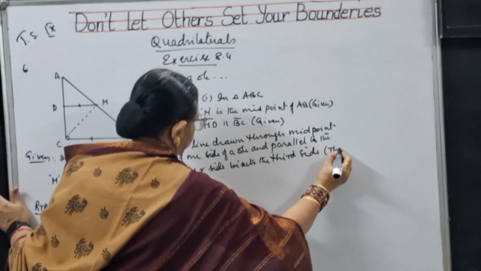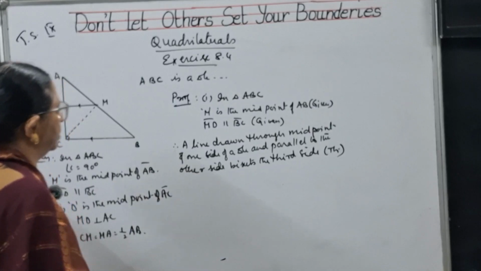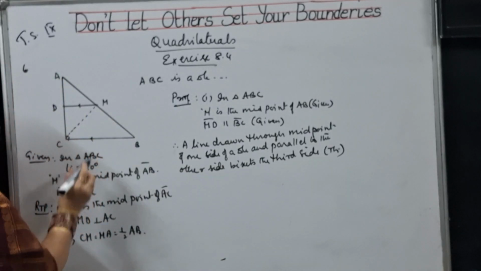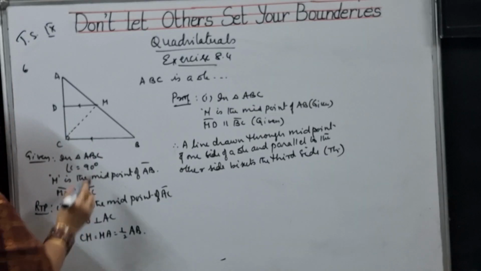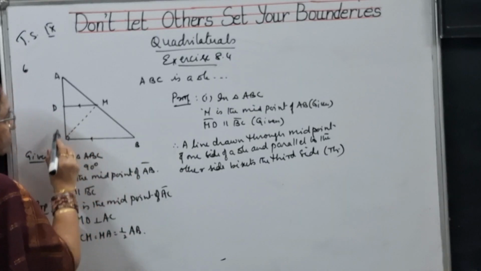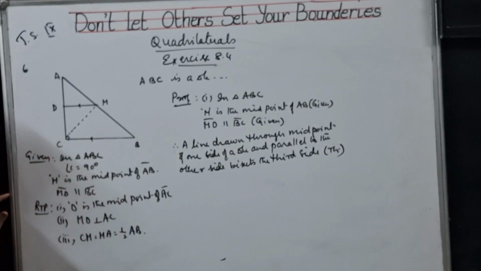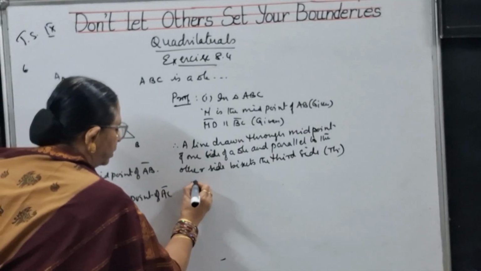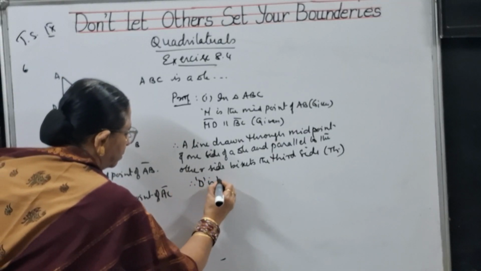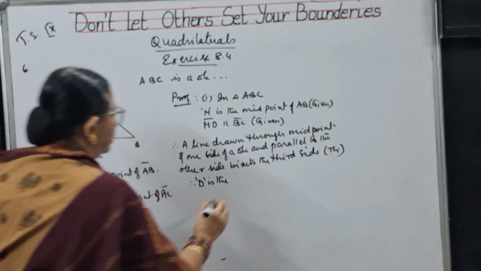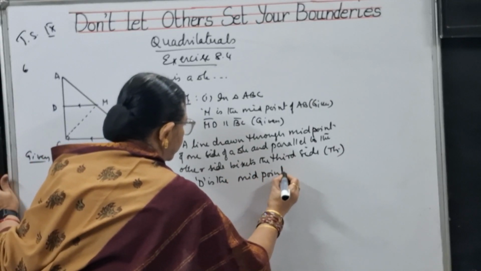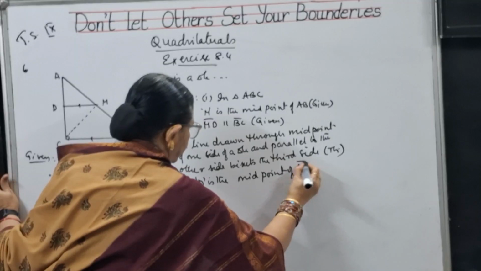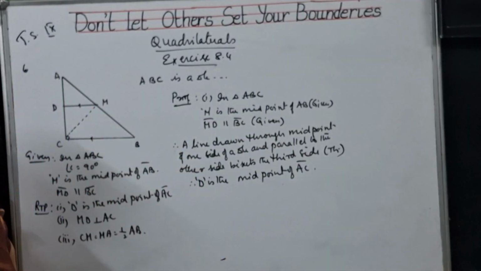This is the theorem, children, which we have learnt. A line drawn through midpoint of one side of a triangle parallel to the second side bisects the third side. Therefore, what we can say, D is the midpoint of AC. So this is first proof we have done. D is the midpoint of AC.